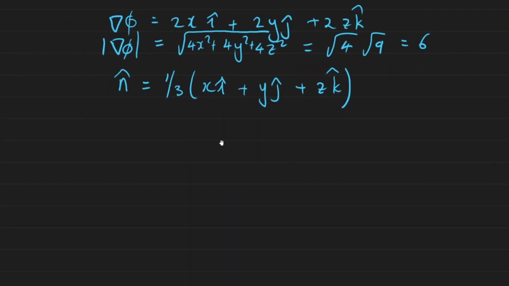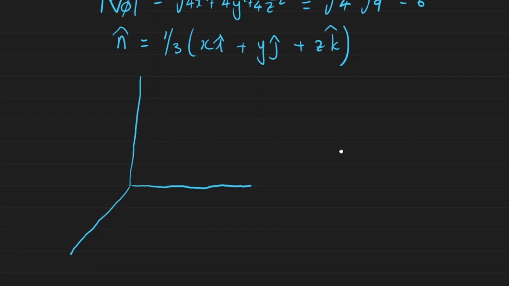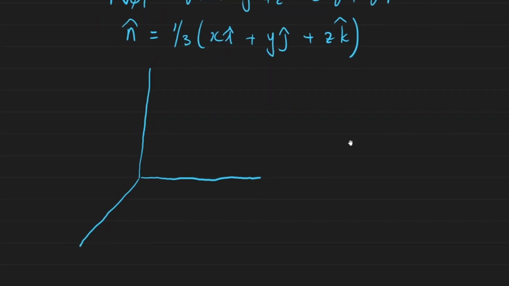So now we need to take this over the surface that we're integrating. And that surface is a sphere. So it's easiest to use spherical coordinates. So let's try and just see how we're going to do that. So in the first octant, the sphere is going to look something like that.